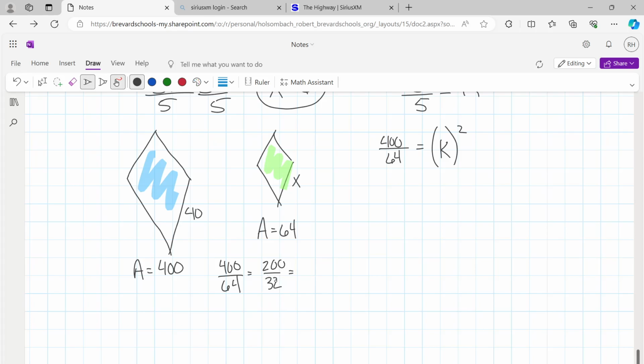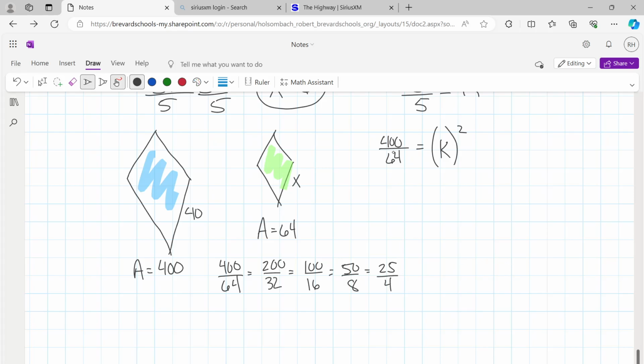They're still both even, so it simplifies to 100 over 16. Those are still even. We can go 50 to 8. Those are still even. We can go 25 to 4. That's simplifying 400 over 64 as everybody in this class can do. We started off with two even numbers. We just start halving them.